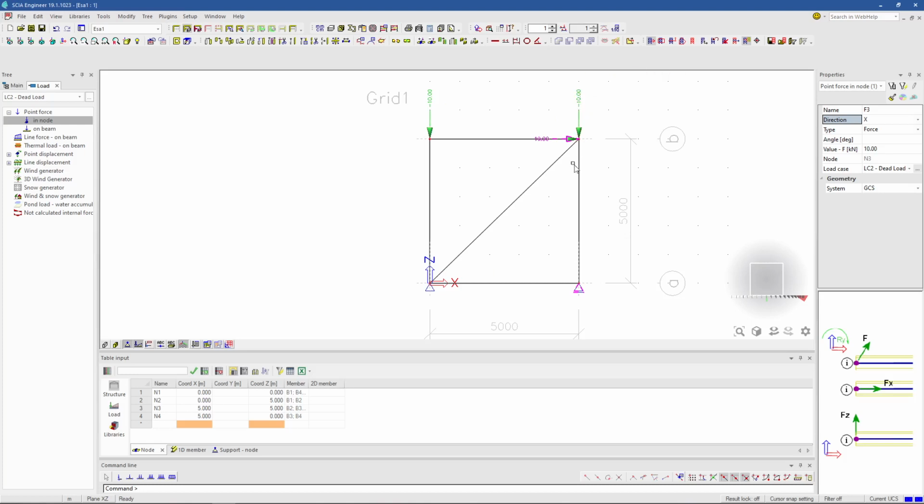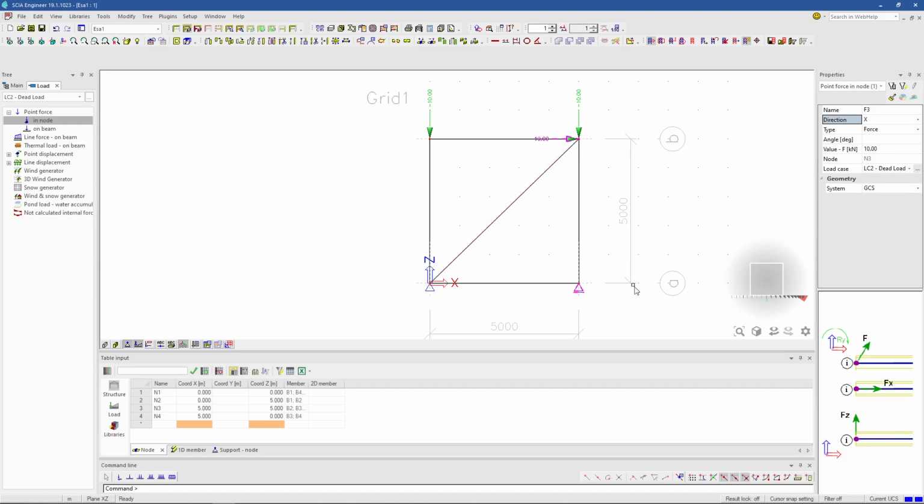In observing this, there should be a reaction opposing this force pushing this member towards the right-hand side.